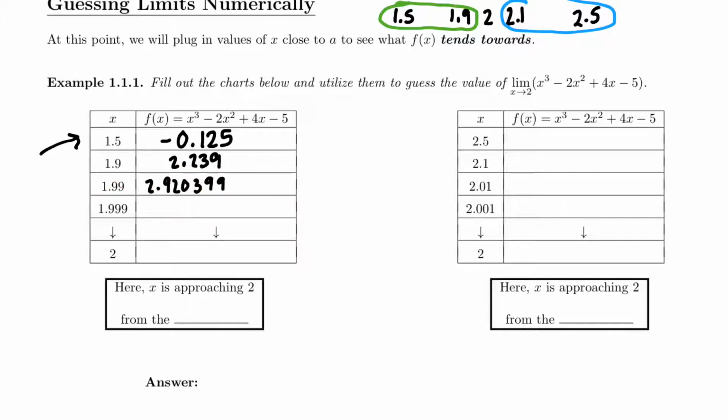Now I'm going to plug in 1.999 on my calculator, and I get 2.992003999. We could put in more 9s if we wanted to, but it looks like as we're getting closer to our x value being 2, the y value we're getting out is 3. It looks like if we plugged in closer and closer numbers, we would get 3.